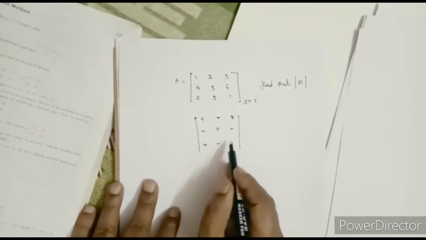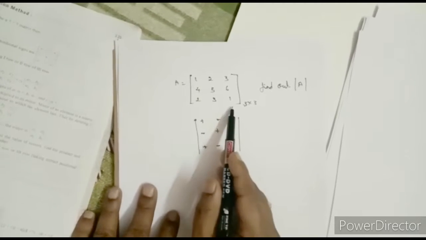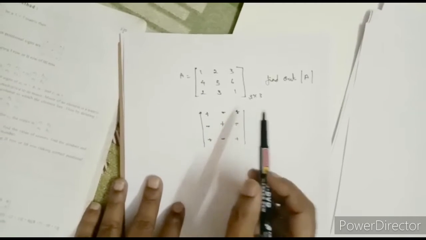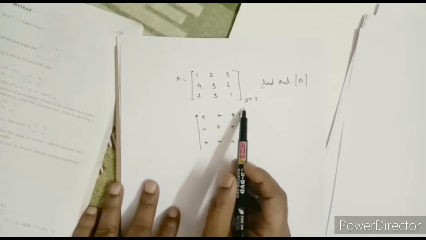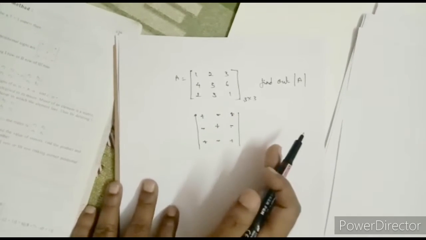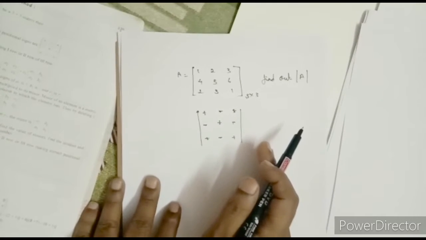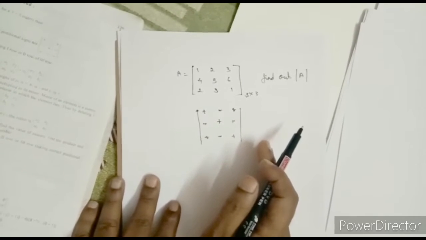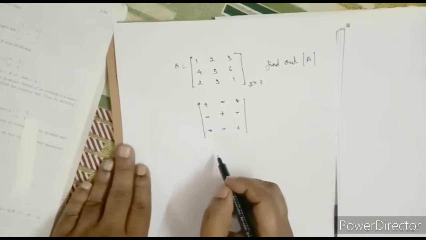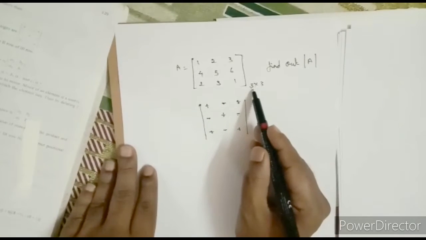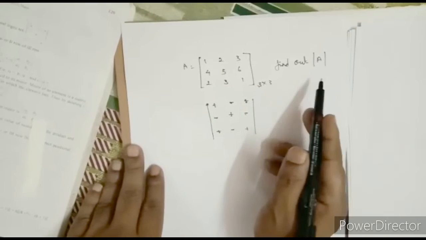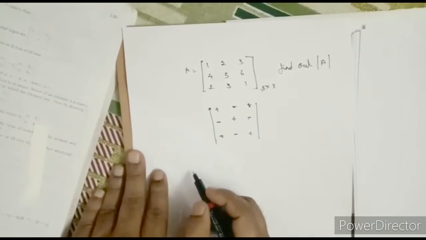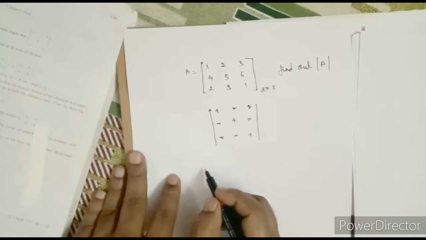Using this, now let us find out how to find det A, determinant of square matrix, in case of three rows and three columns. So now let us solve this three rows and three columns problem, that is to find out det A, nothing but determinant of square matrix.